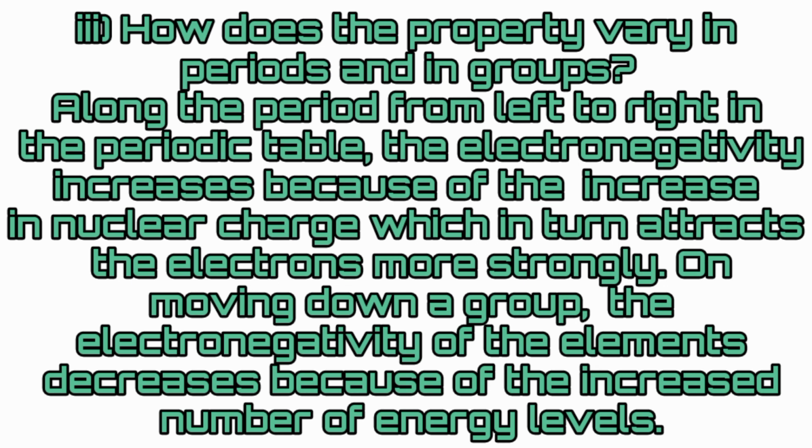Along the period from left to right in the periodic table, the electronegativity increases because of the increase in nuclear charge, which in turn attracts the electrons more strongly. On moving down a group, the electronegativity of the elements decreases because of the increased number of energy levels.